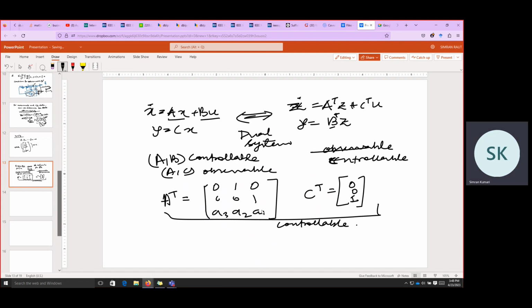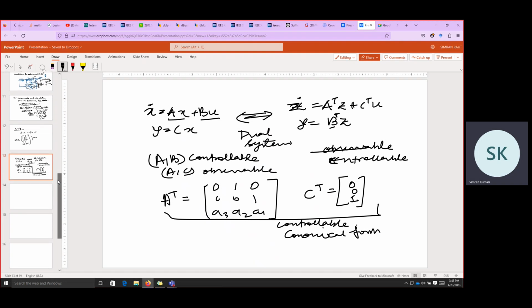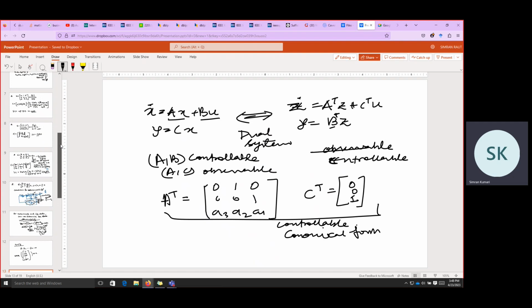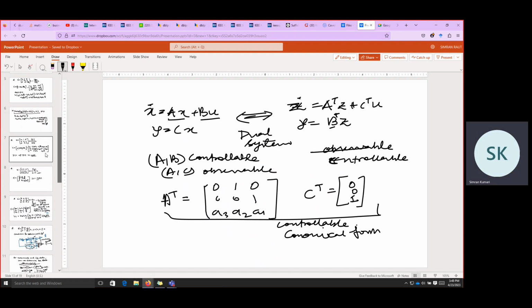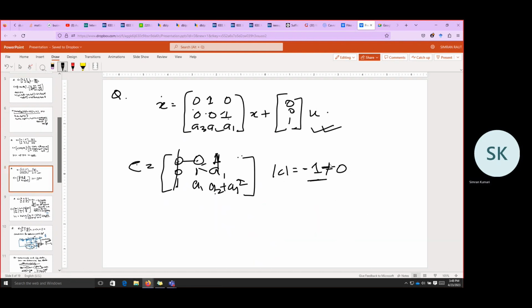Now this system is in controllable canonical form. For this system to be controllable, we have seen the condition: whatever the values of a1, a2, a3, this is always controllable when it is in this form.